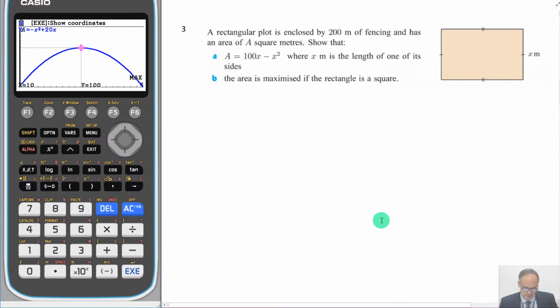Okay, let's just move down to this question. And then we'll have a look at something a little bit more interesting. Okay, so this is not a long question. See if you can do this in a minute with your calculator.